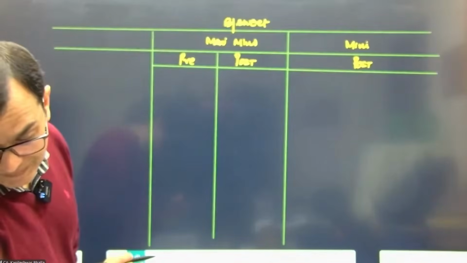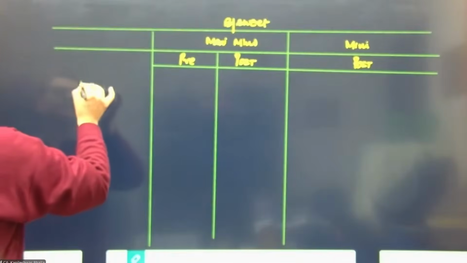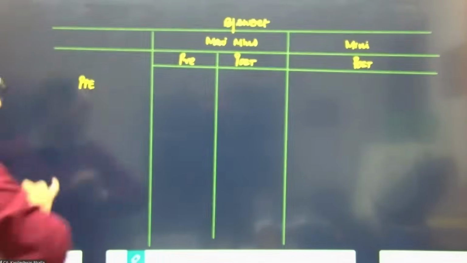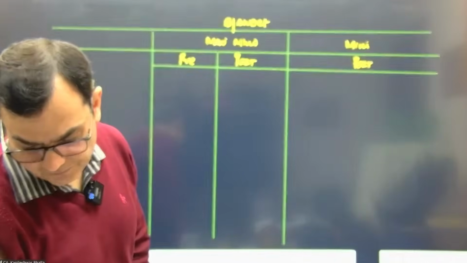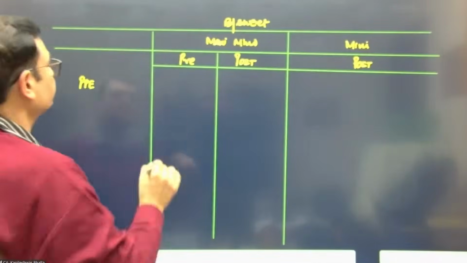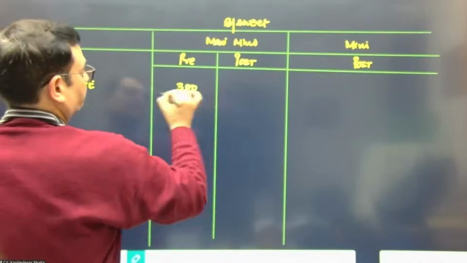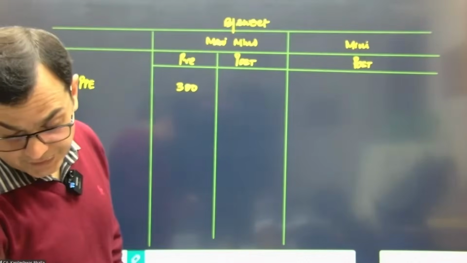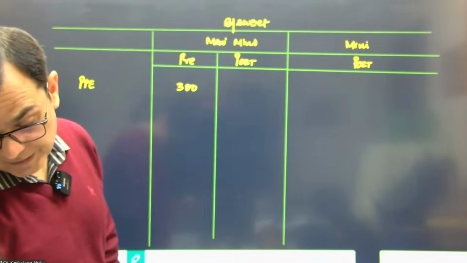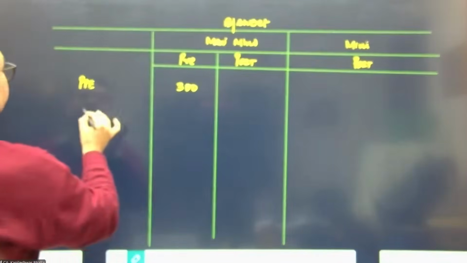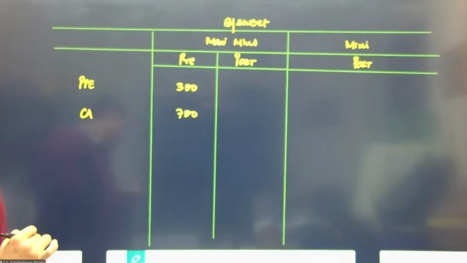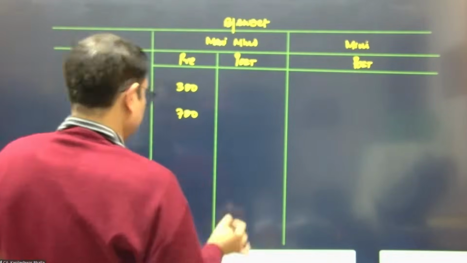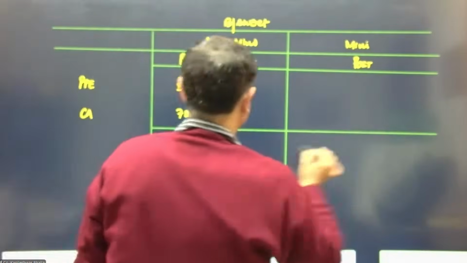We've got PPE, and this is to the extent of 300, that is pre. Then there is current assets, that's to the extent of 700. That's it on the asset side of the balance sheet. Yes, so let's take this as the total.